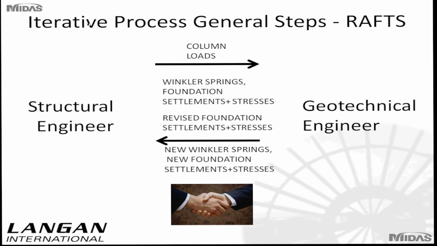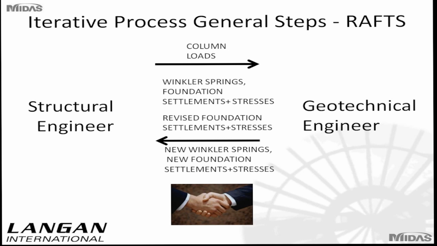So, to quickly get an idea of the iterative process between the structural engineer and the geotechnical engineer, the structural engineer provides the column loads to the geotechnical engineer, who has already developed a model of the foundation and the soil. The geotechnical engineer evaluates the foundation settlements and stresses and provides the structural engineer with Winkler springs or soil springs.